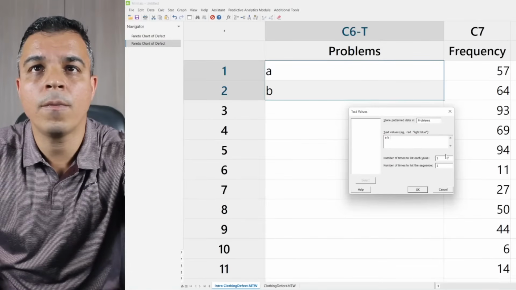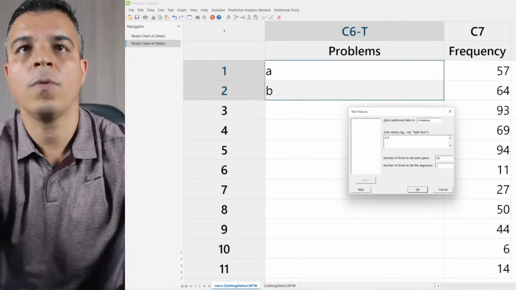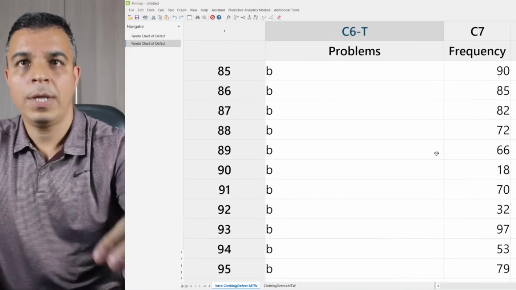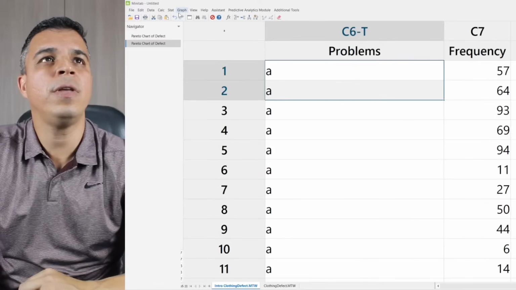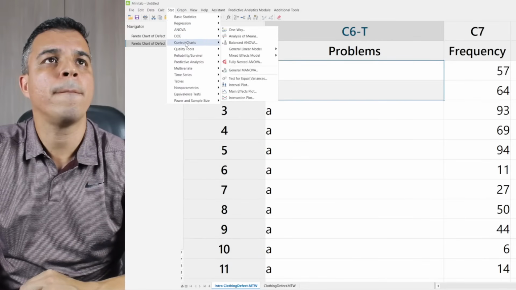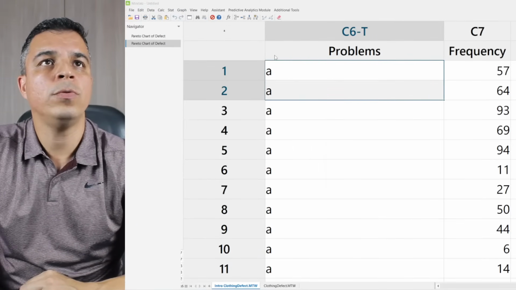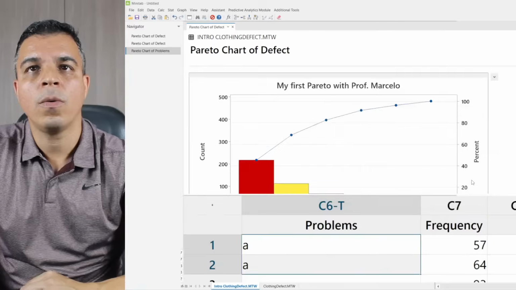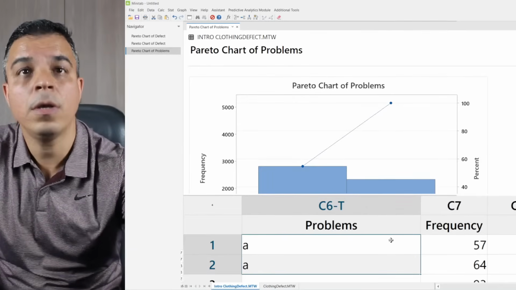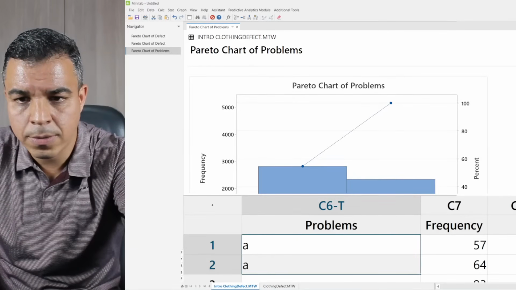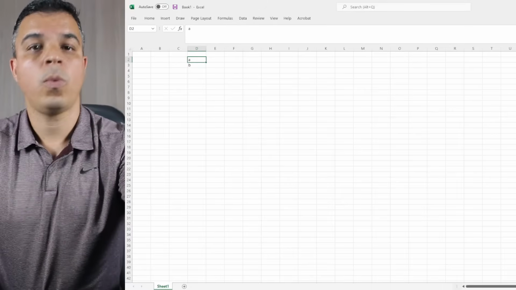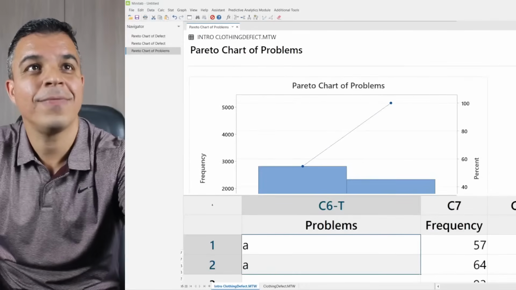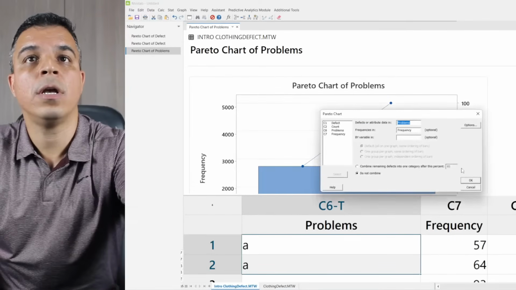Let's see if it will work, just to give you a flavor of what would be a confusing Pareto. Only A, B. I know how to do that. I know how to do that.